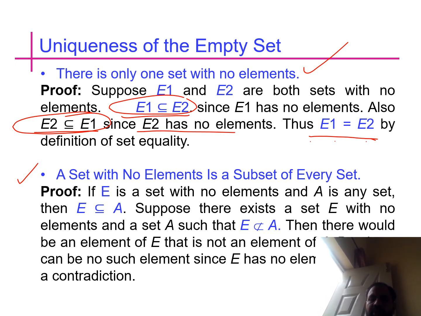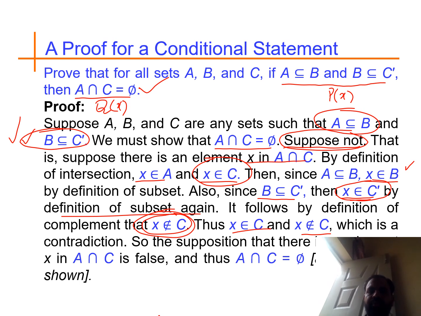So it's a contradiction. So we can see that a set with no elements is a subset of every set.